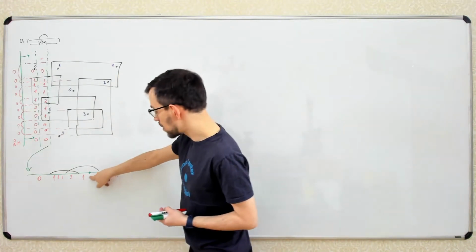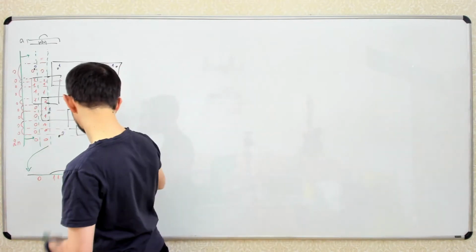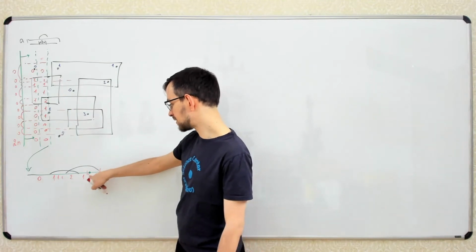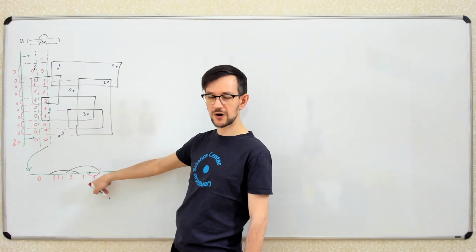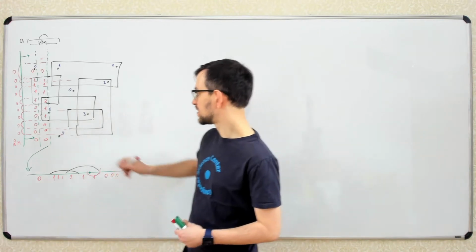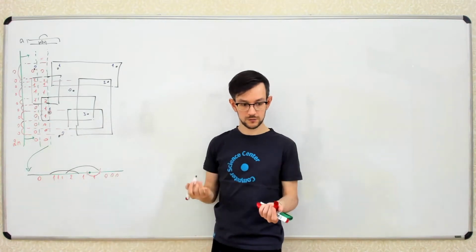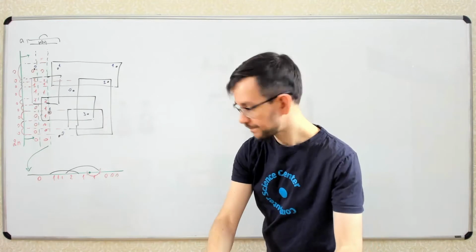So we look at our point, see in which segment this point lies. So here this point is inside this segment. This segment has number 1. It means that this point is covered by exactly one rectangle. That's all. That's the whole technique.